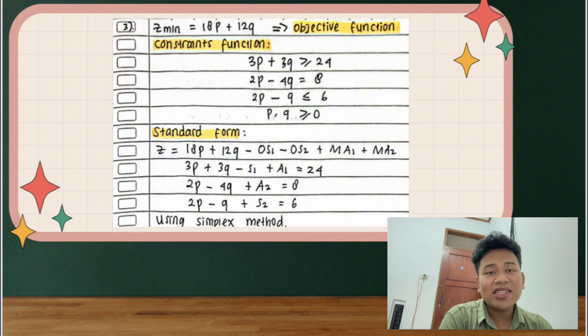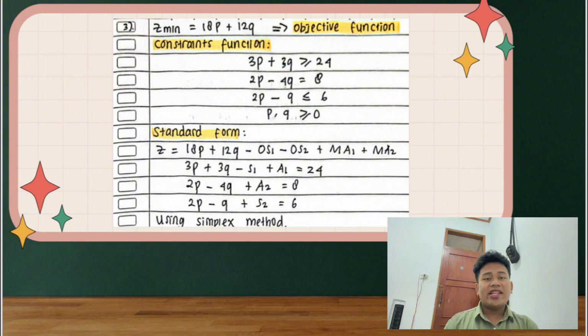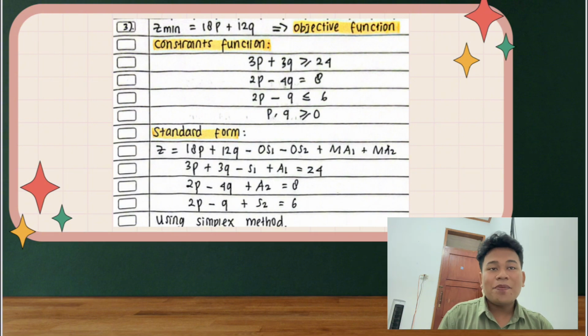Then we convert it into standard form. Then we get z = 18p + 20q - 0s1 - 0s2 + Ma1 + Ma2, and then 3p + 3q - s1 + a1 = 24. We add an artificial variable because the sign is more than or equal to.